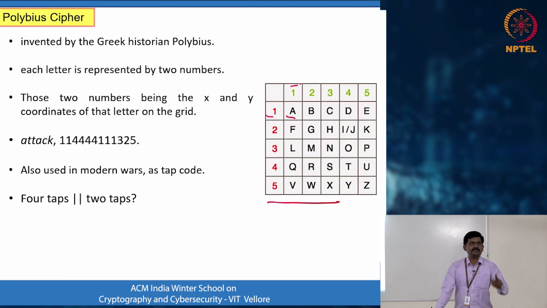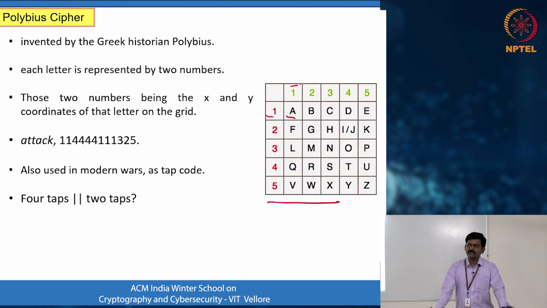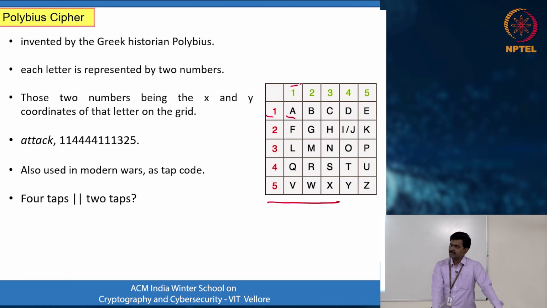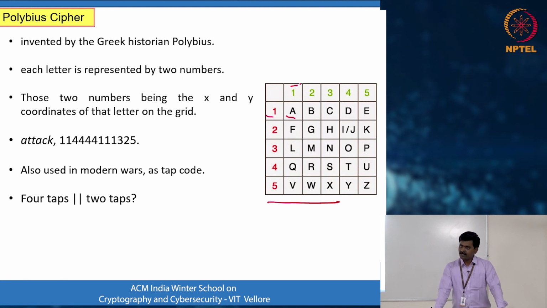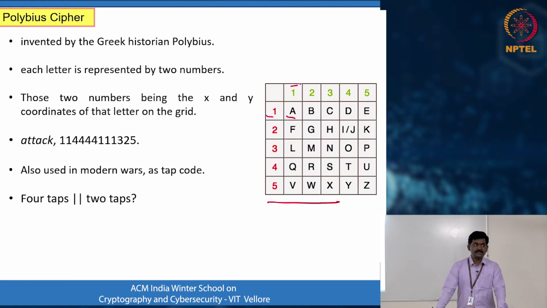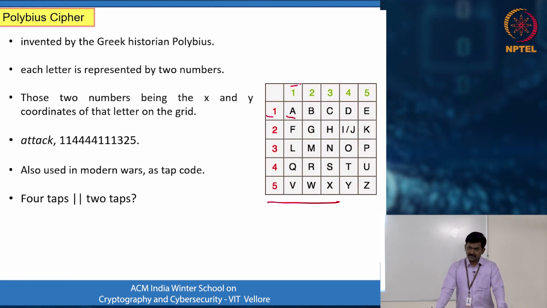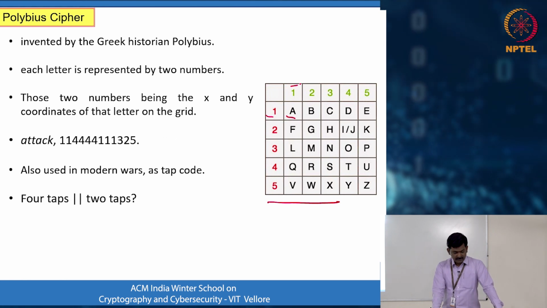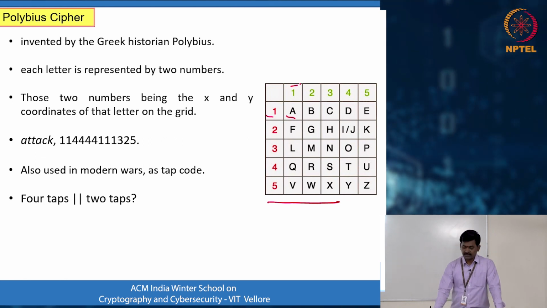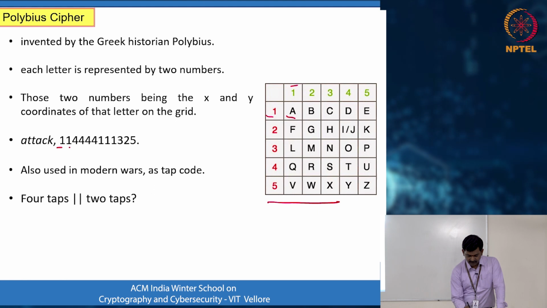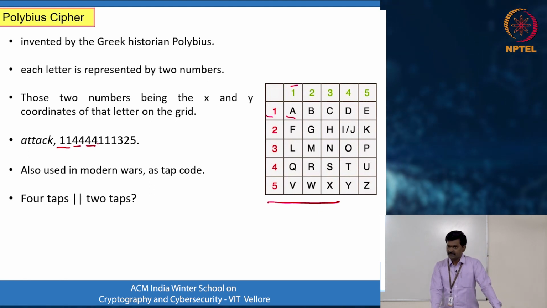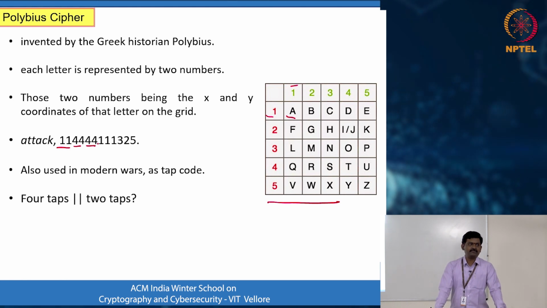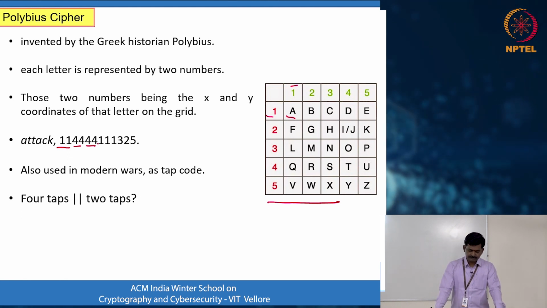A few minutes back you asked this question, right? Whether my cipher alphabets come from the same language, it depends upon the algorithm. So if you look at how I have encoded, A is encoded as 1, 1. Similarly, in attack, you notice 1, 1, 4, 4, and this 4, 4 is for the T. So T is 4, 4, like that it goes.